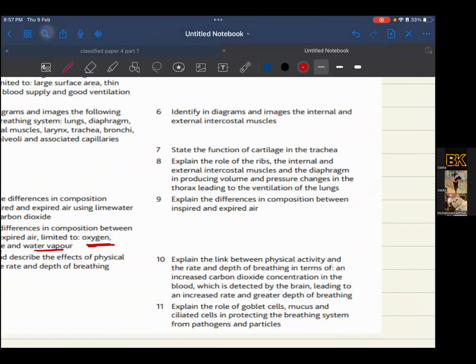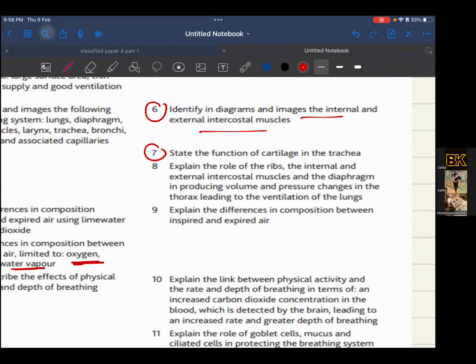But I'll try to find questions and I will show you. And then it says state the function of cartilage in the trachea. So you just have to say to support the airways and keep them open during breathing, or you can say to prevent them from collapsing when the air pressure drops. If it's 2 or 3 marks, then you can write all of these points to elaborate your answer.